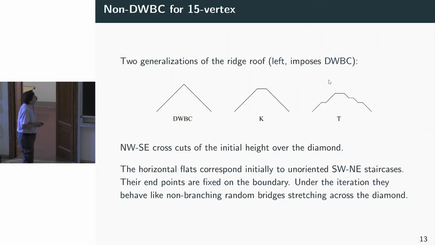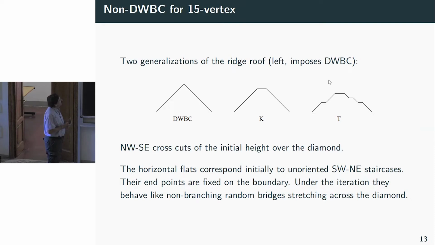So what might we then do for 15-vertex model? Let's consider that first to get something interesting happening. Well, the simplest thing, this is the ridge roof cross section, and this is not going to bring us anything new.